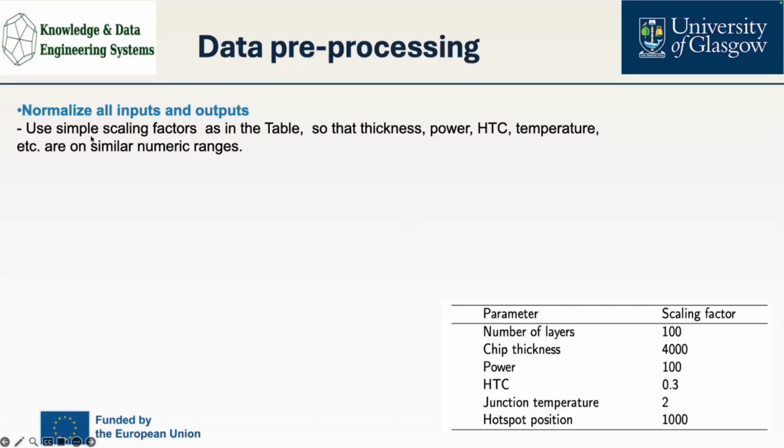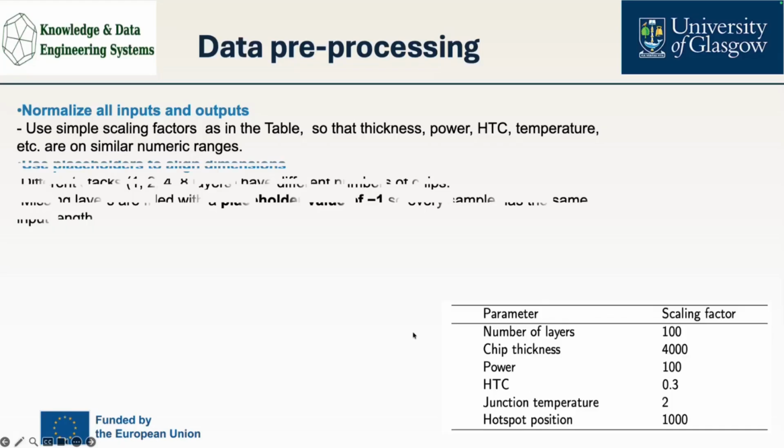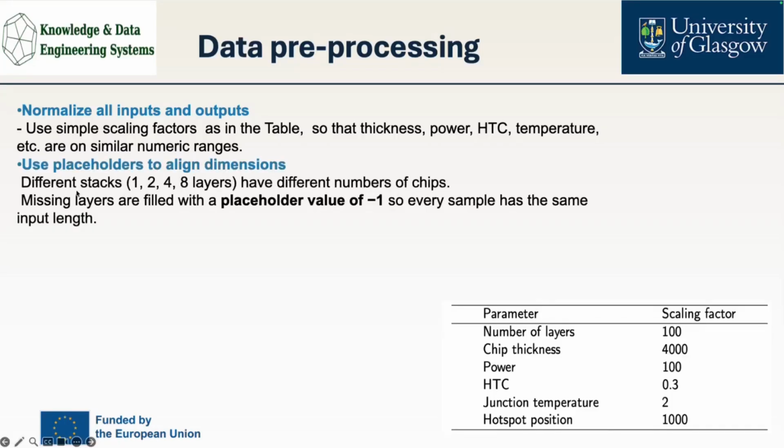So here they use normalization for thickness, power, HTC, temperature, and other factors to have them in the same range. And also, different layer structures, like 1, 2, 4, and 8 layers, mean we will have different numbers of dimensions.